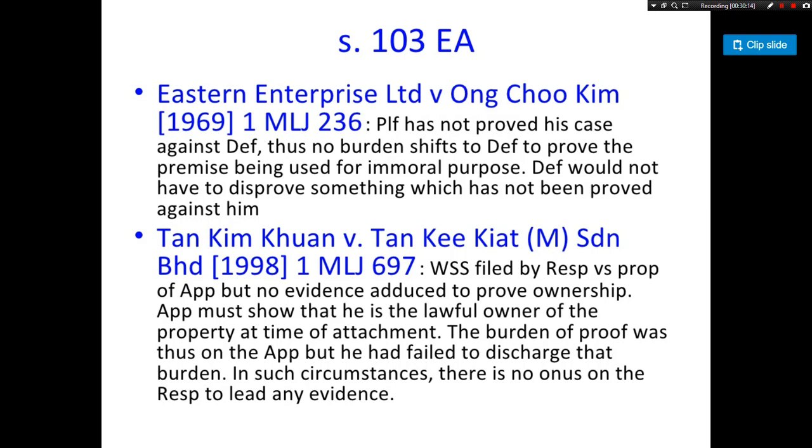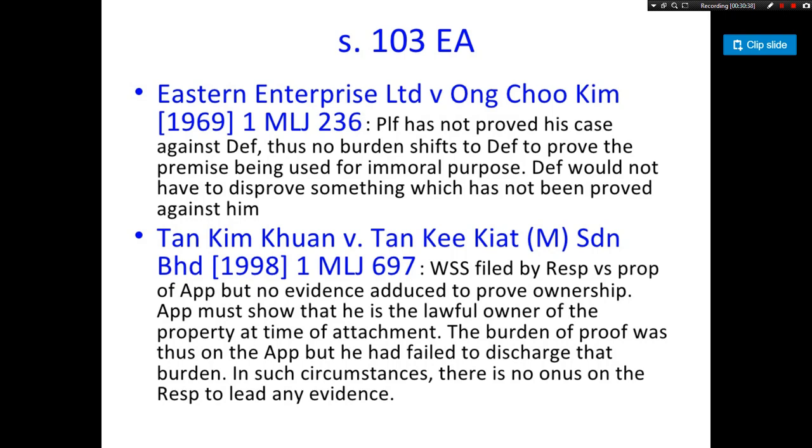And the other is [1998] 1 MLJ 697, a case filed by the respondent versus the appellant, but no evidence was adduced to prove ownership. The appellant must show that he is the lawful owner of the property at the time of attachment.